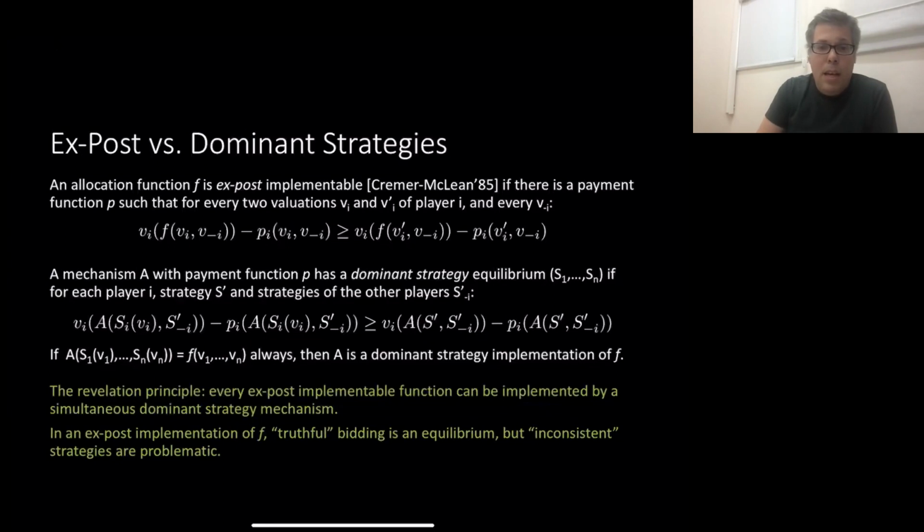Just one word about the meaning of being ex post implementable: it means, roughly speaking, that truthful bidding is an equilibrium. So if everyone else is bidding truthfully, then you should bid truthfully as well. But it doesn't protect you from inconsistent strategies, just as we've seen in the serial implementation of a second price auction.